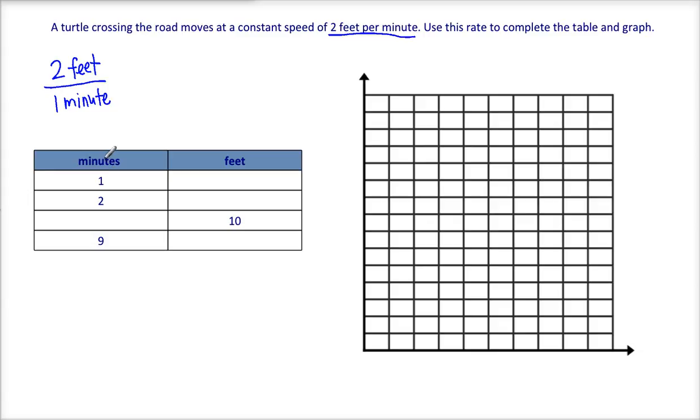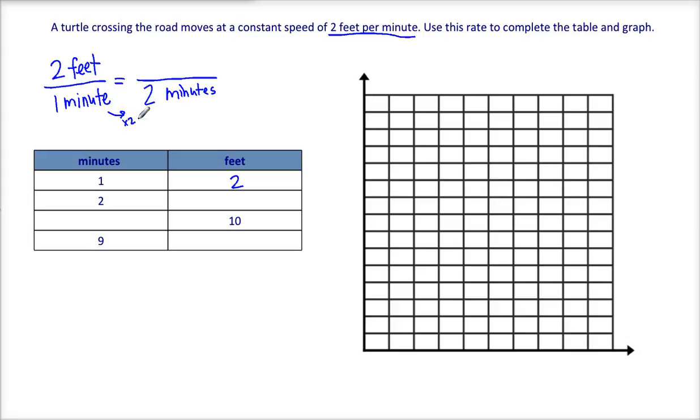Okay, so in 1 minute, how far has the turtle moved? Well, that's given to us right here. 1 minute, it travels 2 feet. Okay, the next line says, how far has it moved in 2 minutes? So what do I do to 1 to get 2?